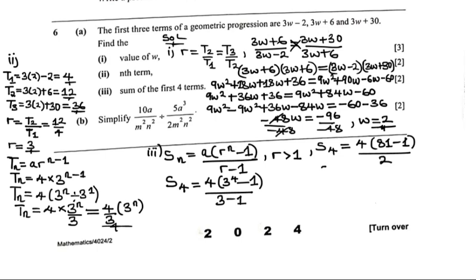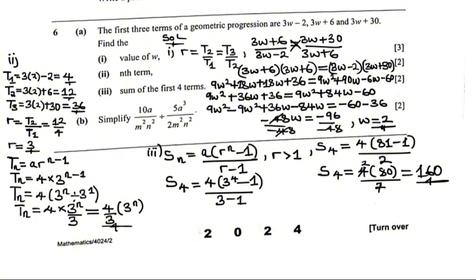Then the sum of the 4 terms is going to equal 4 open bracket 81 minus 1, that gives 80 in brackets, then divided by 2. 2 can go into 4, giving us 2. 2 times 80 gives 160. So the sum of the first 4 terms is equal to 160.